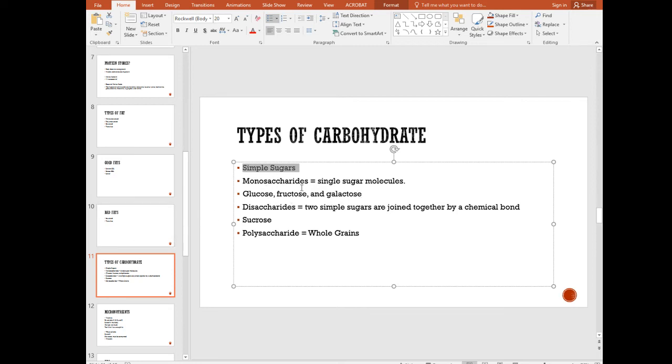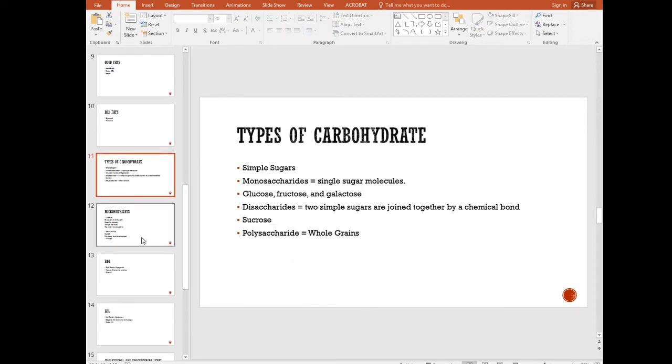So monosaccharides, single sugar molecules like glucose, fructose, galactose. Disaccharides are all simple sugars. So we've got two simple sugars joined together, things like table sugar, sucrose. And you've got polysaccharides. So this is what we're looking for, those complex carbohydrates. It takes longer for them to be digested and get into our bloodstream.